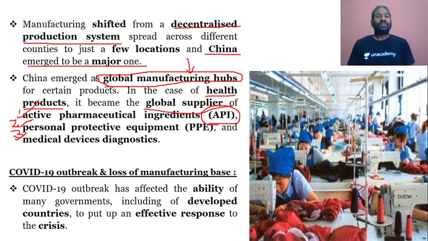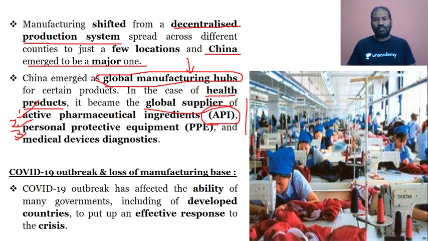It has become the global manufacturing hub because of the concept of economic liberalization in the 1980s, wherein the developed countries shifted their production bases from the developed countries into developing countries. Thereby China has become the global manufacturing hub, and especially in health products, it has become a global supplier: active pharmaceutical ingredients, personal protective equipment, medical devices, diagnostics.